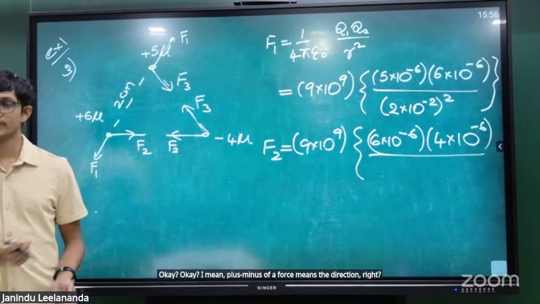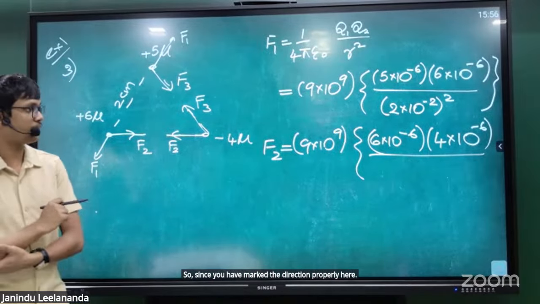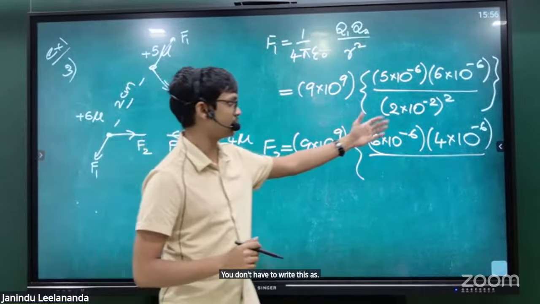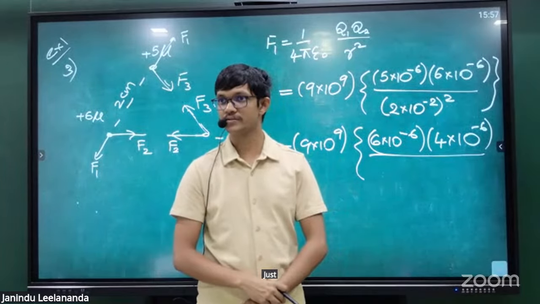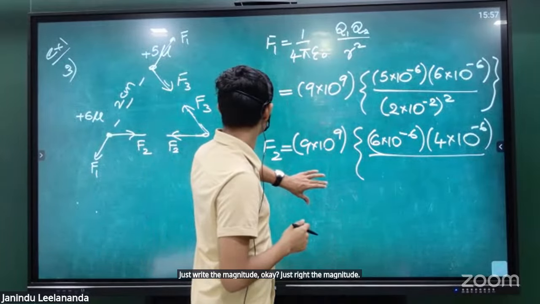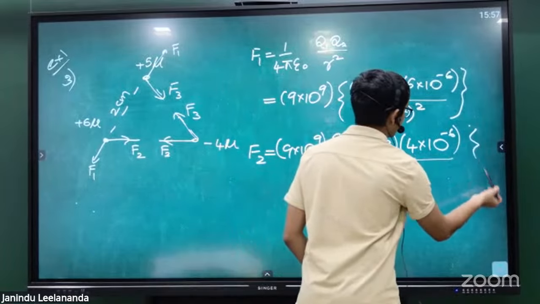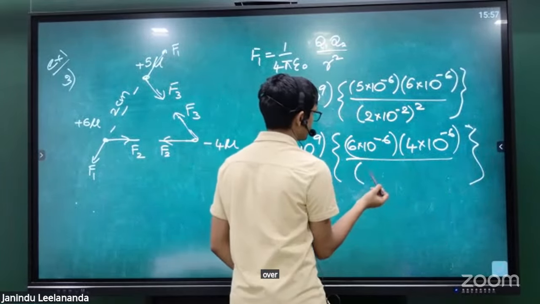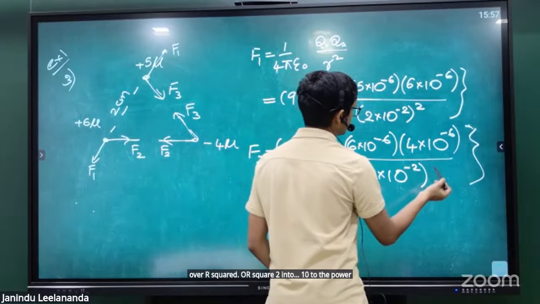Since you have marked the direction properly here, you don't have to write it as positive or negative. Just write the magnitude. Clear? Over r squared, 2 into 10 to the power minus 2 squared.